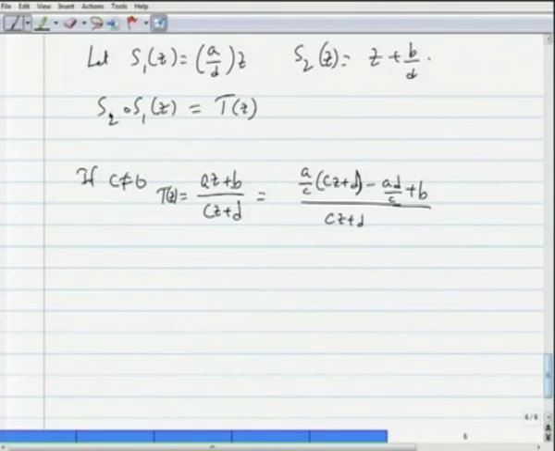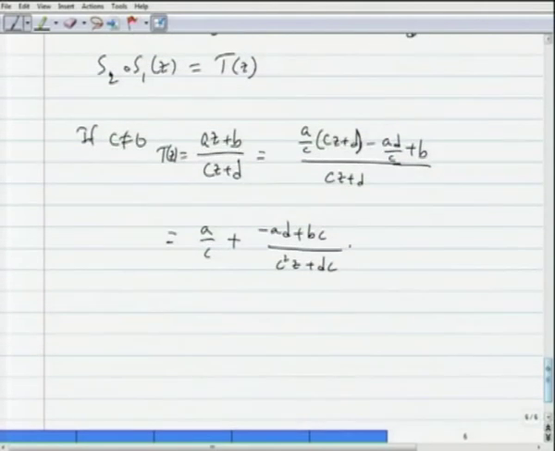So, then now I can write this as a by c minus or plus (ad plus bc). I am clearing the fraction in the numerator, and then I am multiplying the c into the denominator to get c squared z plus dc.